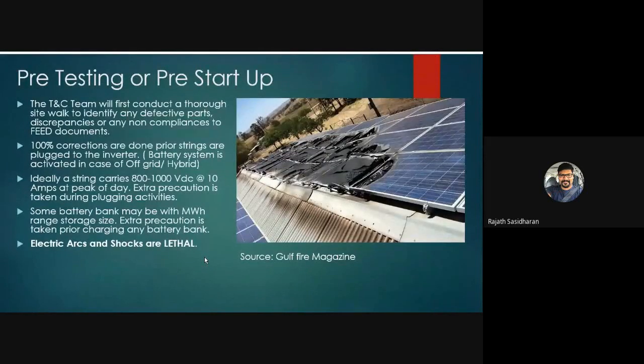Before we do the testing process, or even energize the plant, the testing and commissioning team will go through the solar photovoltaic field to see any visible defect, to see if there are any cables hung loose, to see if there are any plugs that are not intact, because when you start up the plant, if there is a mechanical defect in any of the components, then it can actually cause a fire, and that's very severe.